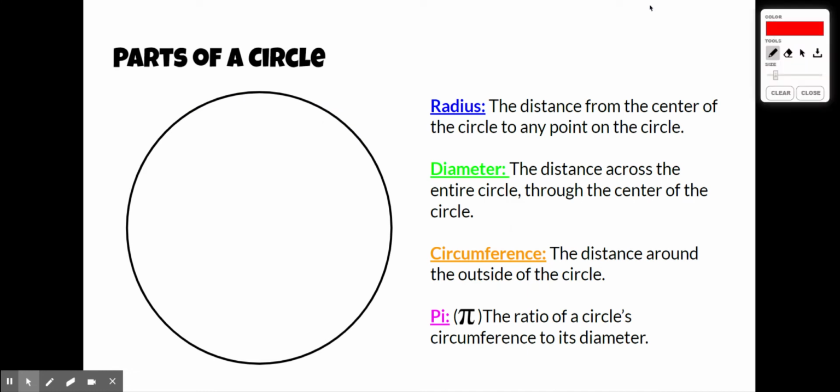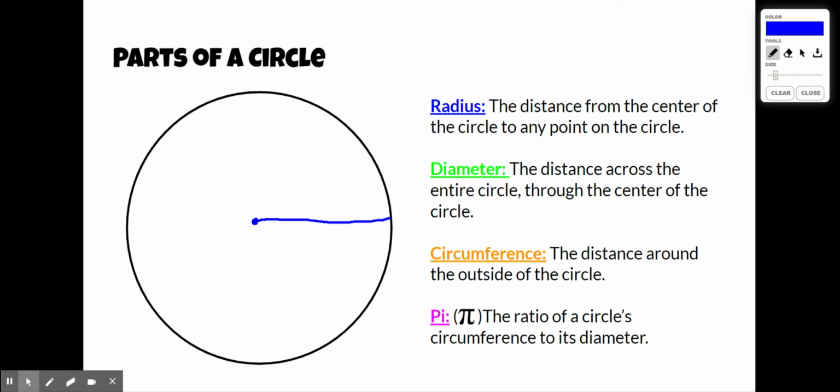So the first thing I want to take a look at are the parts of a circle. So the parts of a circle that you need to know. So first we have the radius. The radius is the distance from the center of the circle to any point on the circle. So if this was our center of the circle right here, the radius would be the distance from this center straight out.